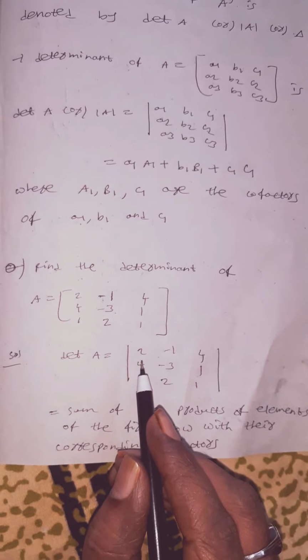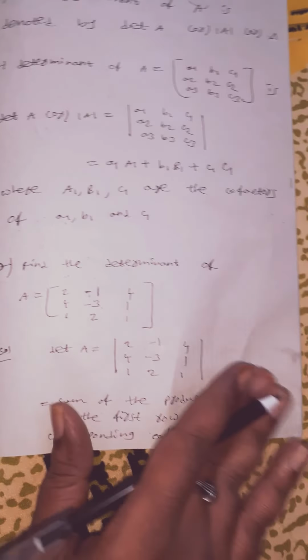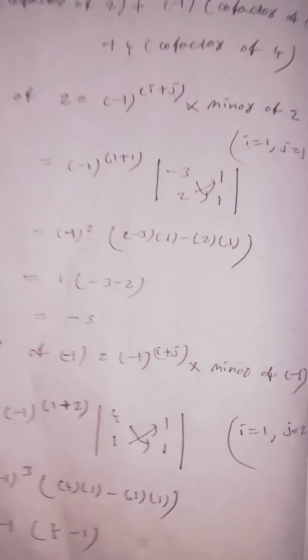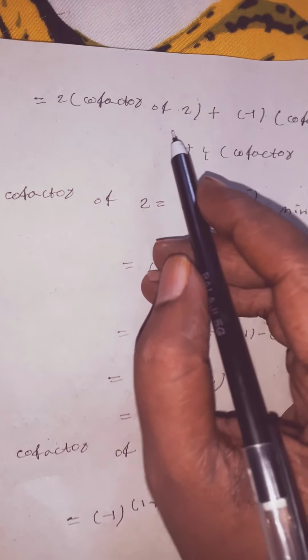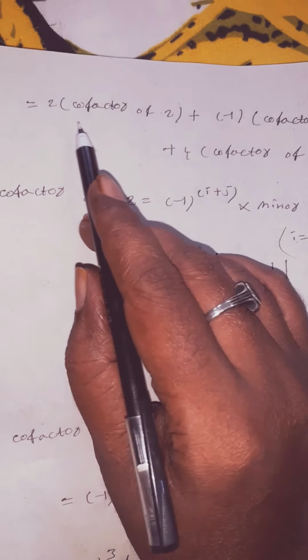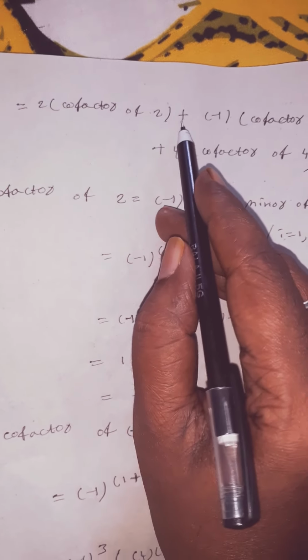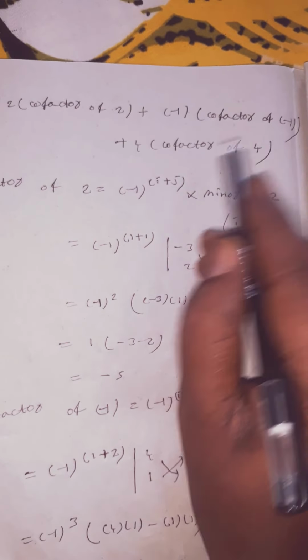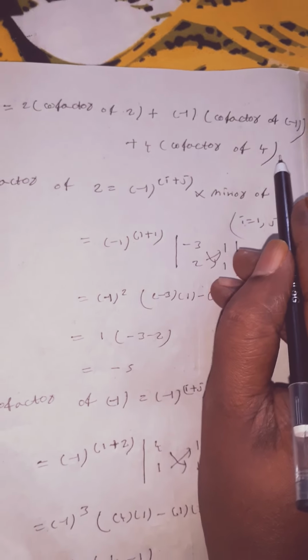So the first row elements are 2, minus 1, 4. So we have to find 2 into cofactor of 2 plus minus 1 into cofactor of minus 1 plus 4 into cofactor of 4.